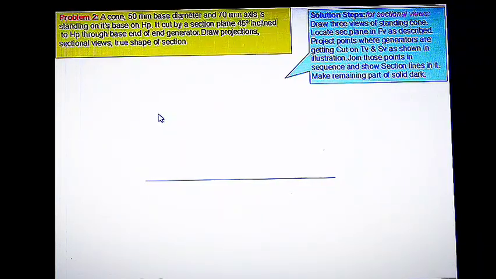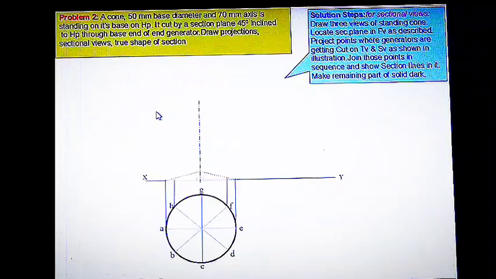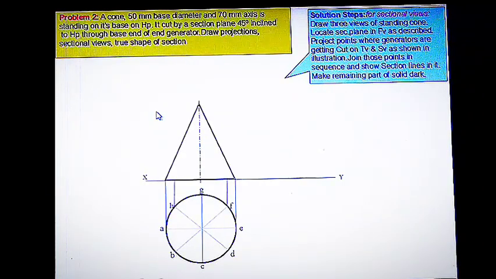Here our solid is a cone. So first of all, draw the plan and elevation of the cone like this. As far as this cone is considered, the surrounding surface is represented by generators.